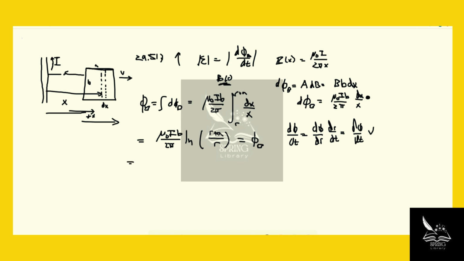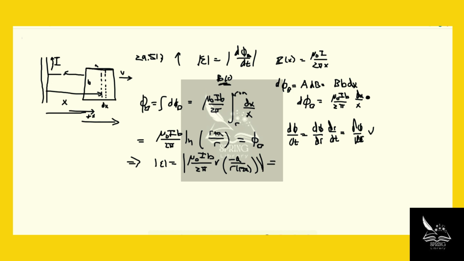We can plug all that in, and we should see that the magnitude of our EMF is the magnitude of the r derivative, so mu naught I b over 2 pi, times v, times the r derivative of this natural log, which leaves us with negative a over r plus a.